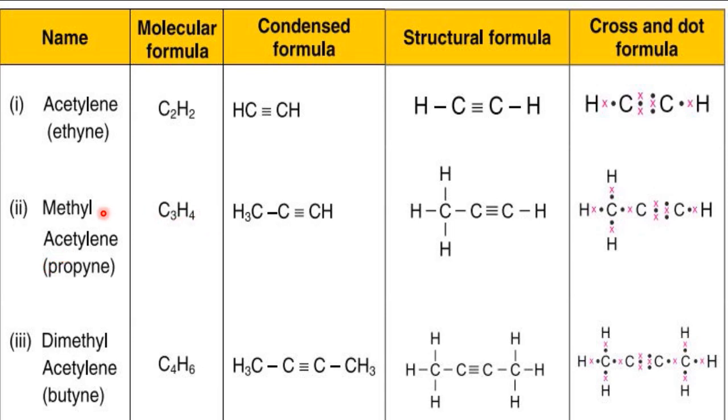So both join together to give us prop, and it is named propyne. Now in the third example, this is dimethyl acetylene, or we can say butyne, having 4 carbon atoms in it, having the condensed formula, structural formula and cross and dot formula over it.